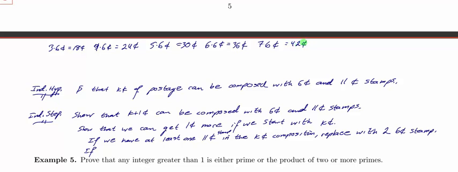That's going to be 2 less than a multiple of 11, so that's also not what I want. 8 times 6 cents is going to give us 48. That's also not what we want. But then if we go to 9 times 6 cents, that gives us 56 cents worth of postage.